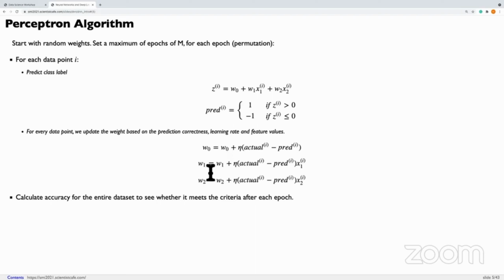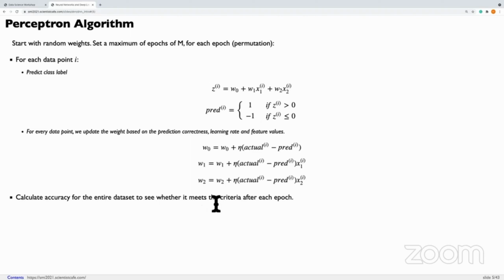And similarly, you can update W1 and W2. And then you calculate the accuracy on the entire data set after each epoch to see if it meets a specific criterion. If it meets the criterion, you stop the iteration. If it hasn't met the criterion, you continue until it does.